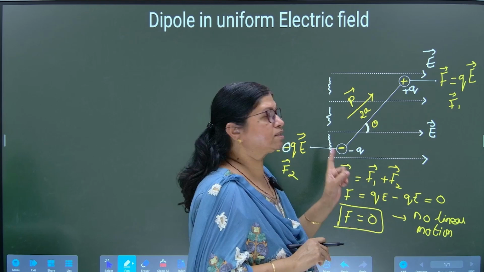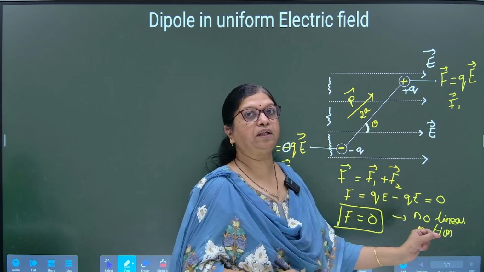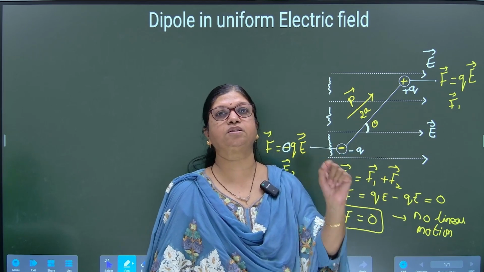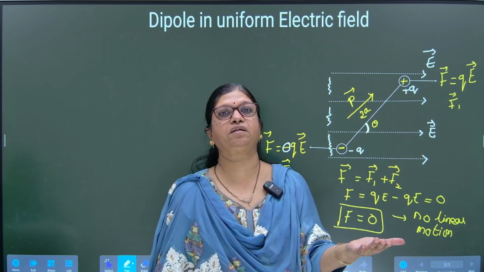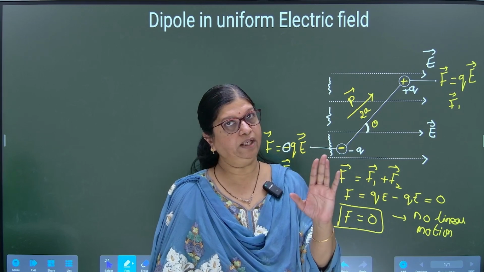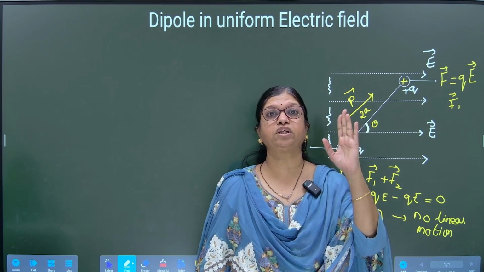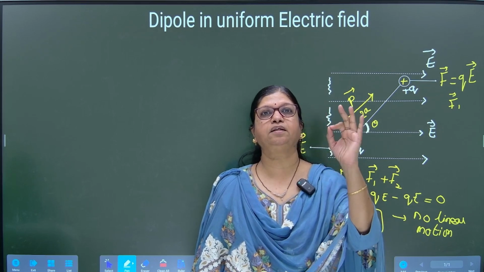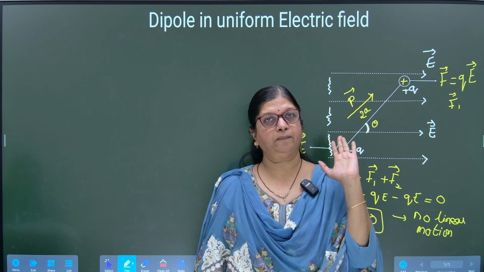Because the force on the dipole is 0, this dipole will experience no linear motion. This is also a question asked. Why does it not experience a linear motion? Okay. So remember, because force is 0, it will not experience a linear motion. The dipole will not experience a linear motion when you place it in a uniform electric field.